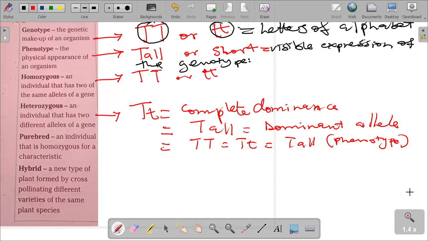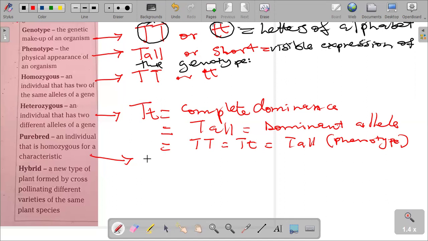That is why. And the next term is purebred. What is a purebred? An individual that is homozygous for a characteristic. According to Gregor Mendel, he crossed organisms that were purebreds.